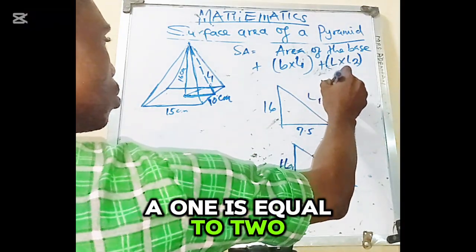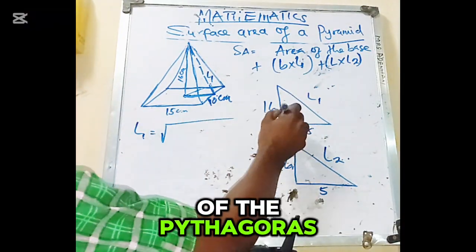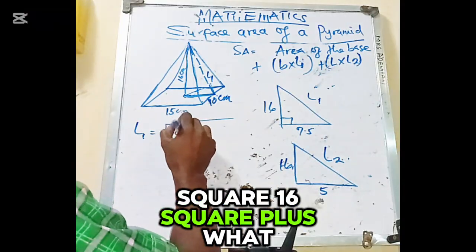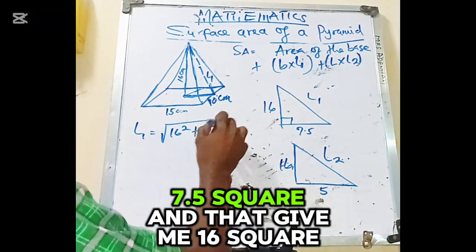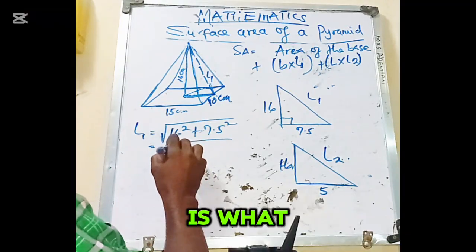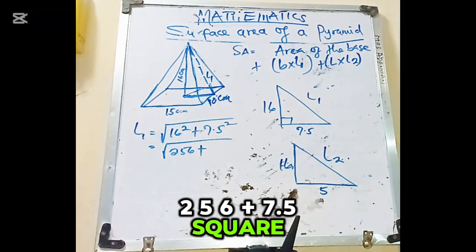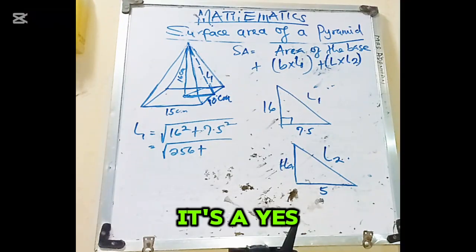L1 equals the square root, Pythagoras theorem, of 16 squared plus 7.5 squared. 16 squared is 256 plus 56.25.